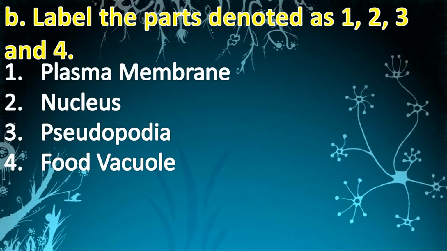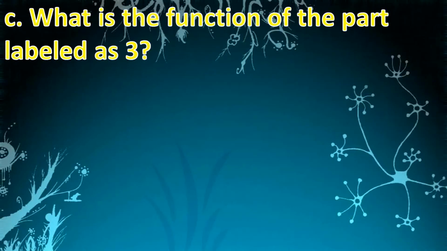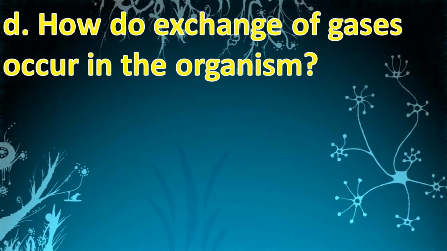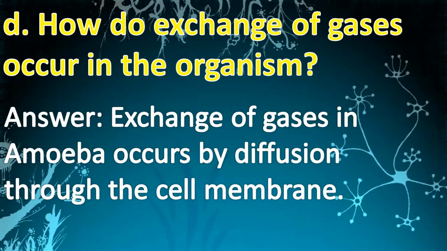Pseudopodia. 4. Food vacuole. What is the function of the part labeled as 3? Answer is: it helps in the locomotion of amoeba. Next question. How does exchange of gases occur in the organism? Answer is: exchange of gases in amoeba occurs by diffusion through the cell membrane.